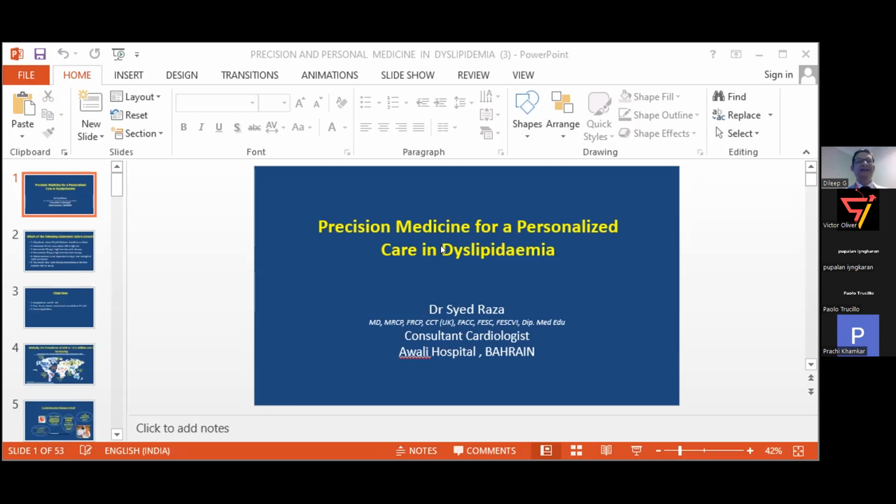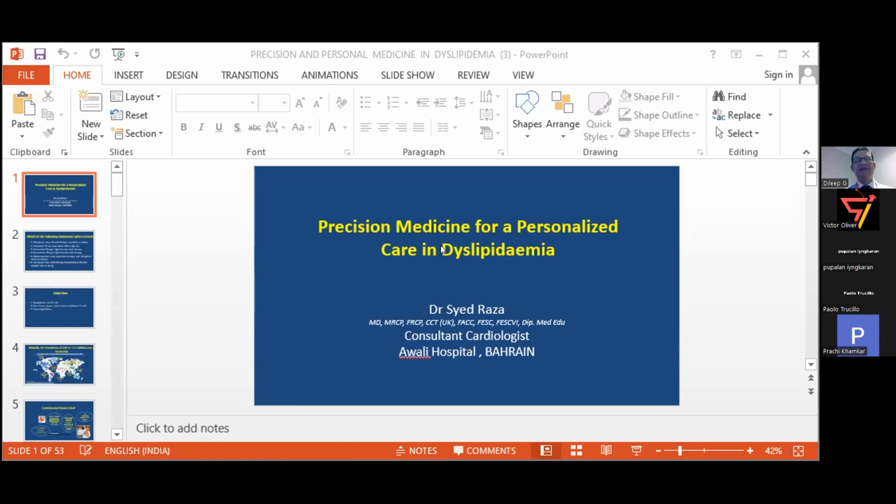So cardiovascular risk assessment, that is my main topic that I'm going to discuss. So why do we need cardiovascular risk assessment? Cardiovascular risk assessment is important to reduce the incidence of cardiovascular disease. And also it would help to devise a management plan that will improve the quality of life and also increase life expectancy.